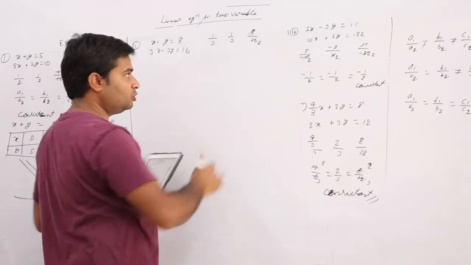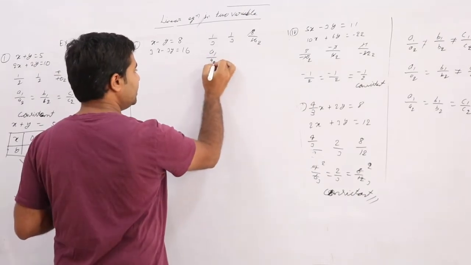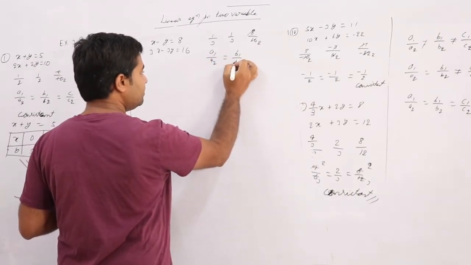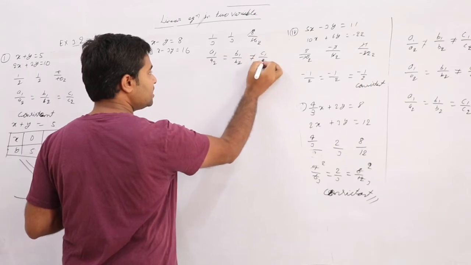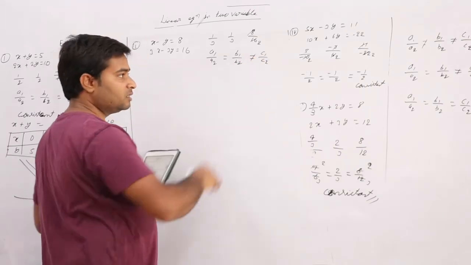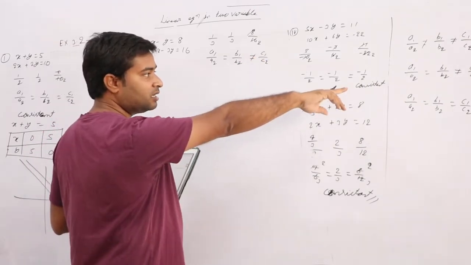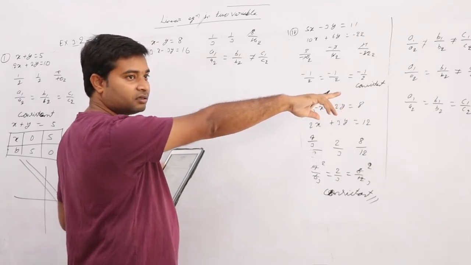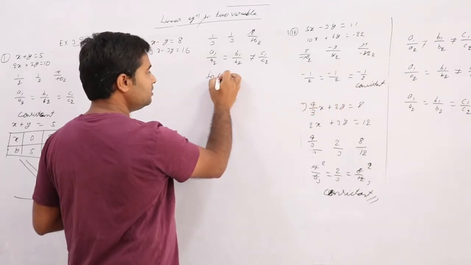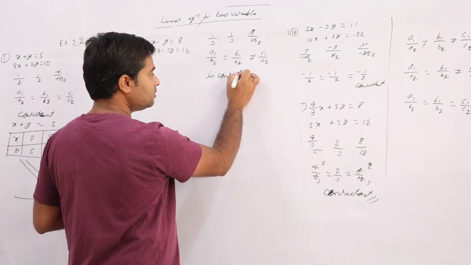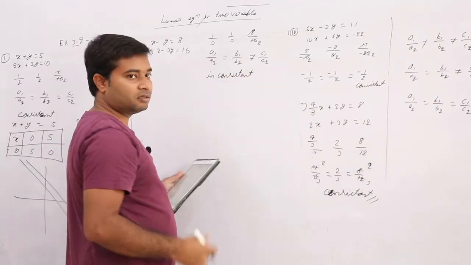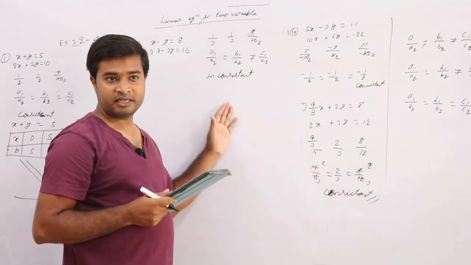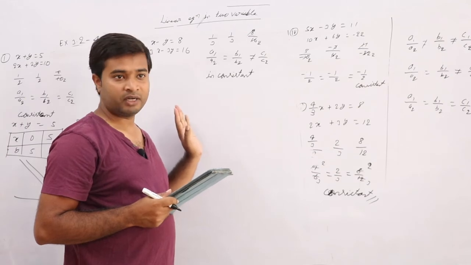A1 by A2 is equal to B1 by B2 is not equal to C1 by C2. See the condition here. Second one: inconsistent. So the solution is inconsistent. If it is inconsistent, we should not find the value, right?